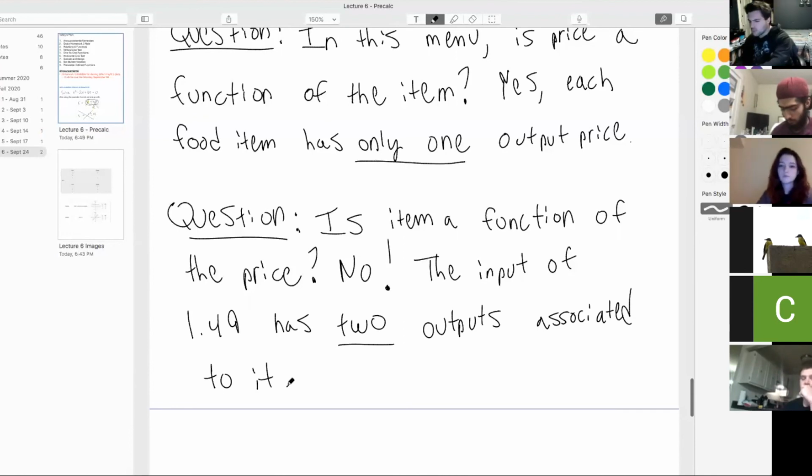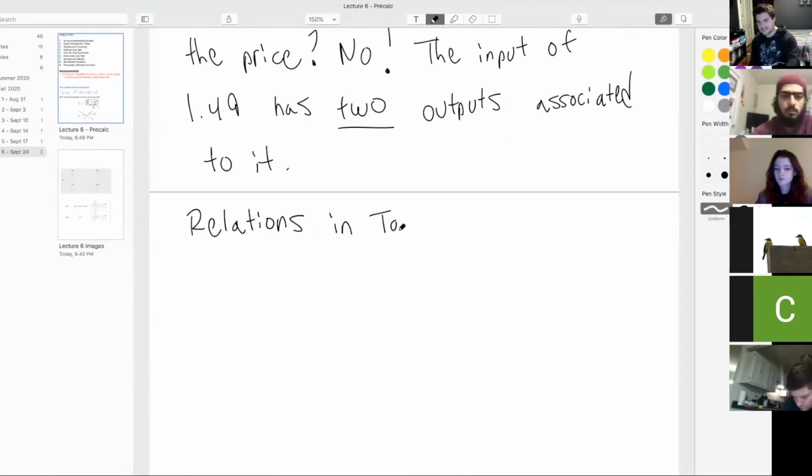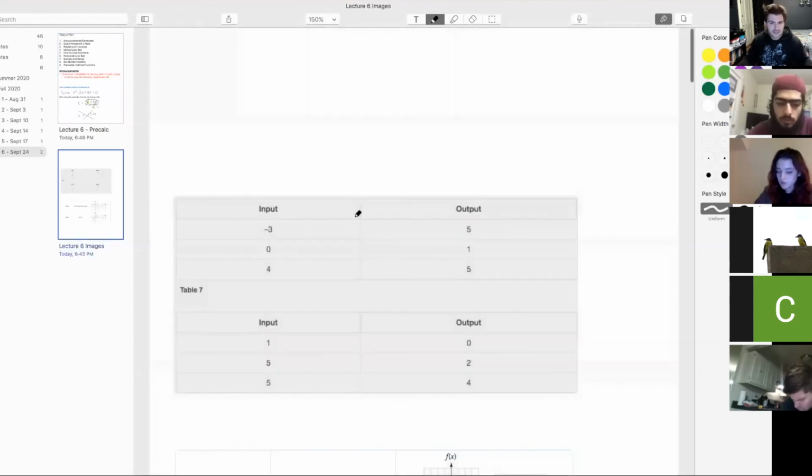All right, we can also talk about relations in table form. It's kind of similar to this menu that I have written up. I just have to go to my images and cut and paste it. Just give me a second.